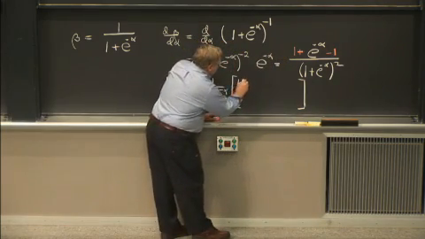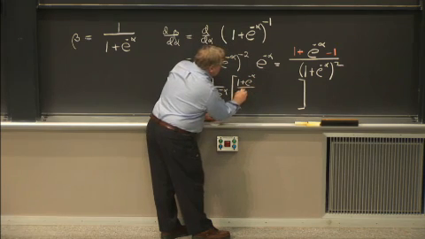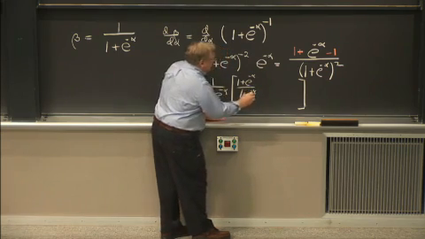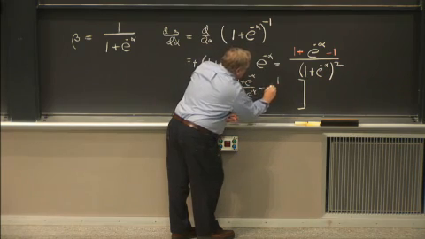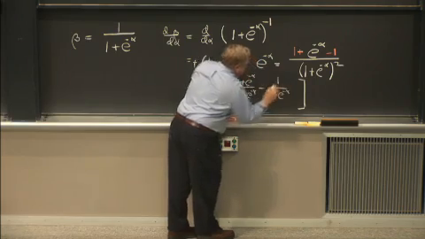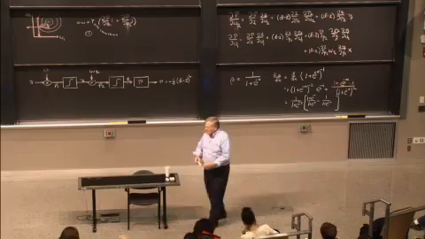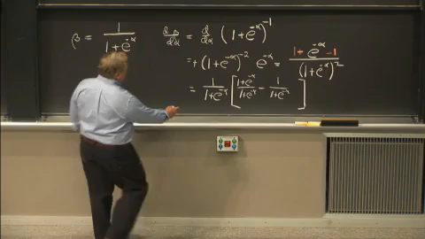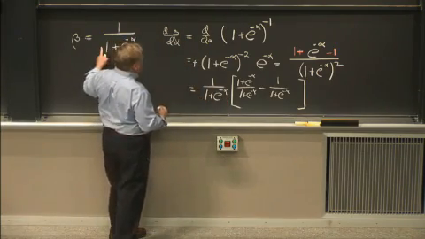So let's see, that's 1 plus e to the minus alpha over 1 plus e to the minus alpha. Wait a minute, you said I forgot the minus 1 over there. That's okay, I'm going to put it in right here. Minus 1 over 1 plus e to the minus alpha. All right? And there it is. Magic. Because what's this guy? That's beta.